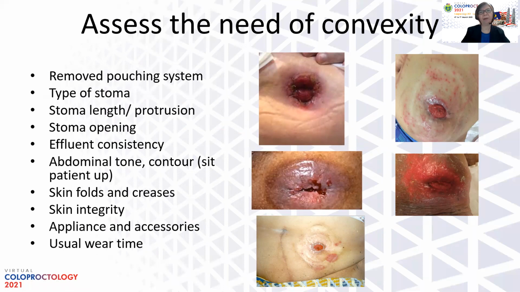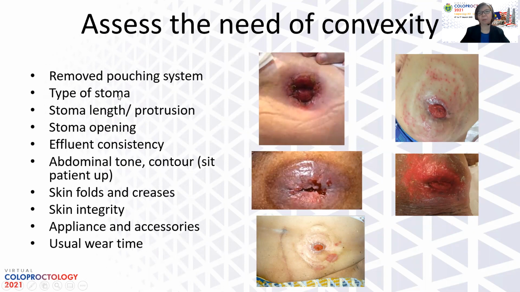There may be different heights of the stoma, the protrusion, or sometimes the skin surfaces may be different. So the best thing when you assess the need for convexity, first remove the old pouching system and have a good look at the stoma, the surrounding skin, the protrusion, and many other things that you can observe.